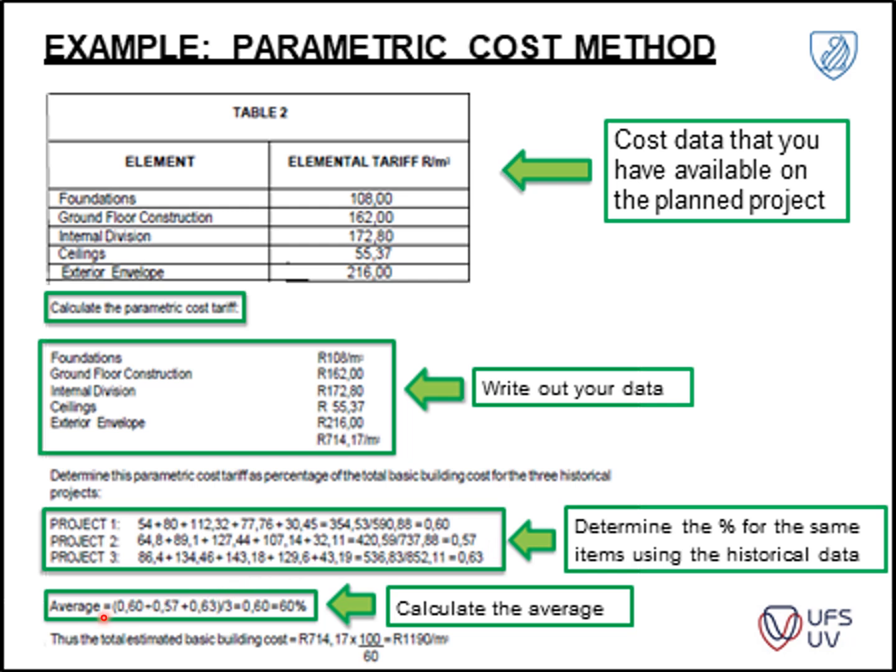Okay, so then you work out the average of this, and it's simply adding the three percentages together and dividing it by the number of projects, in this case 3, to get a total percentage of 60%. Then what you do is you take this calculation that you've done here, the 714 Rand per square meter, and then you extrapolate it with the 60%.